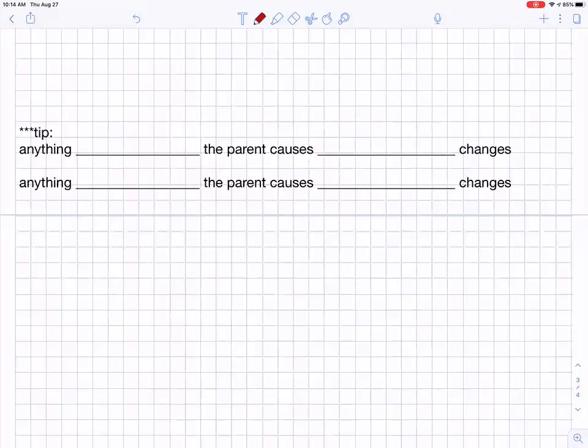Okay, so anything inside the parent, anything inside the parent. So far, anything that was inside, what did it cause my parent to do? Which direction did it shift? Lefts and rights. Now I'm not going to put down lefts and rights, I'm going to put down horizontal. Left and right is horizontal.